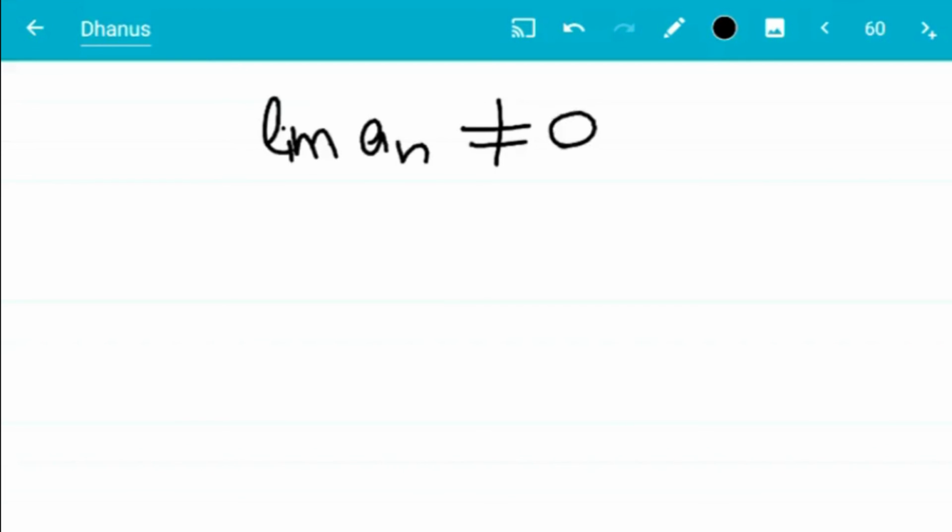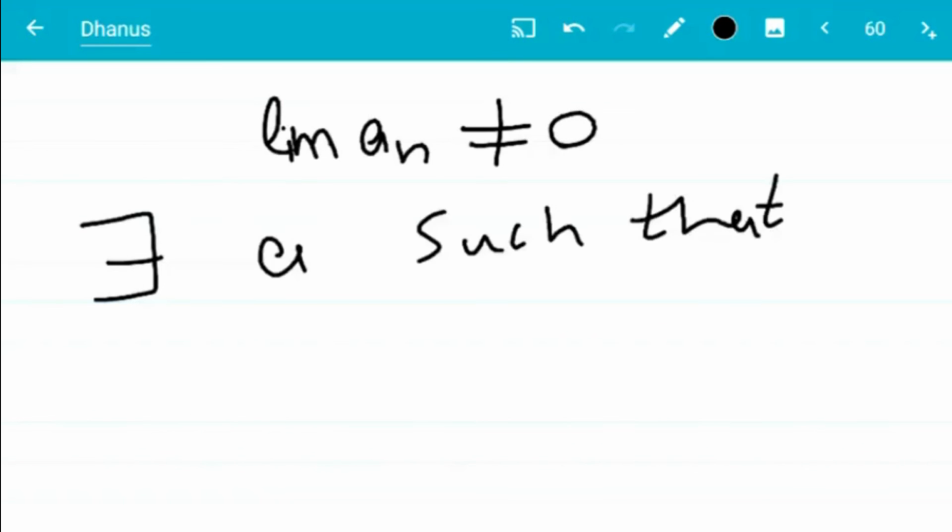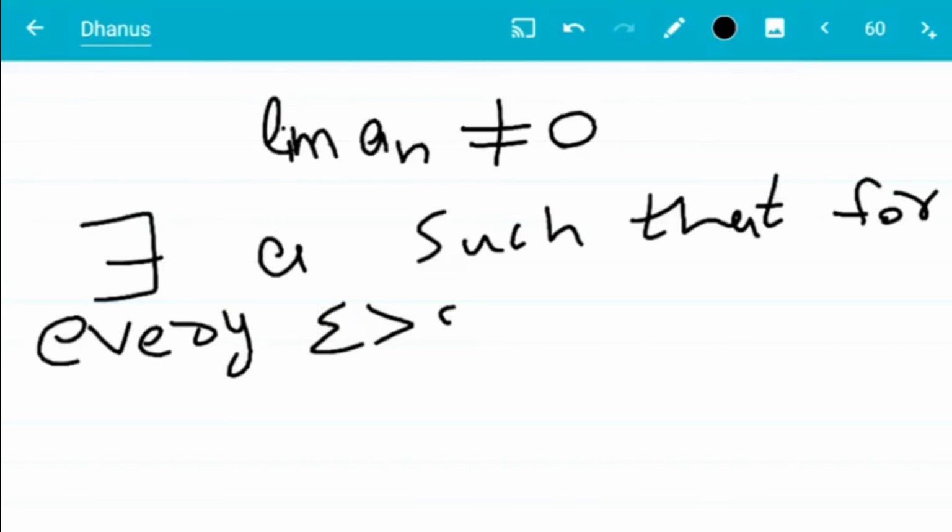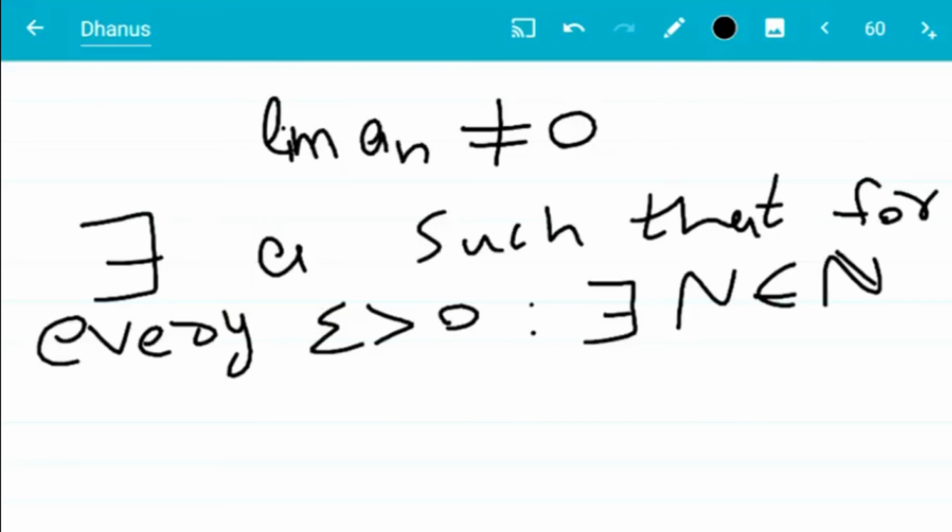And their answer was: there exists a, such that for every epsilon greater than 0, there exists an element N of the naturals with the modulus of An minus a less than epsilon for all n greater than or equal to N. Yes, sir.